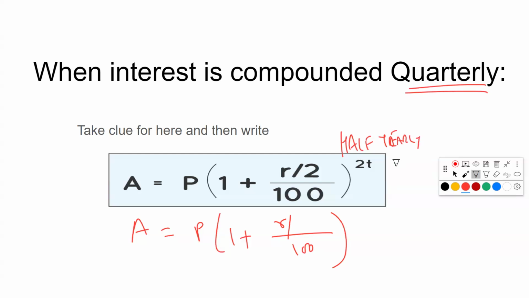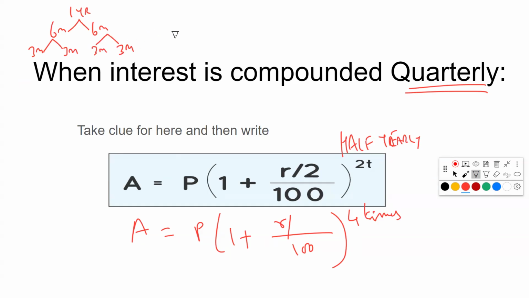And if I have to do it for quarterly, how many times do I have to do it? Yeah, 4 times we will do it. So why 4 times? If you start with 1 year, 6 months and 6 months, then again 3 months and 3 months, again 3 months and 3 months.